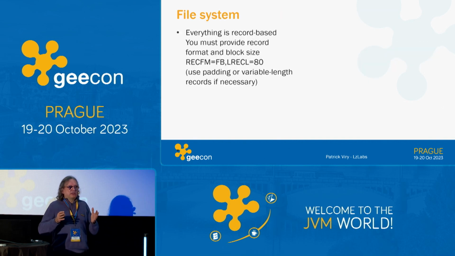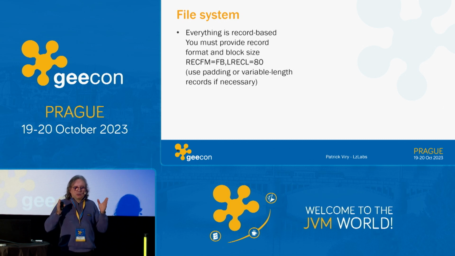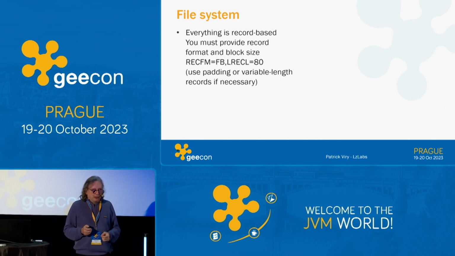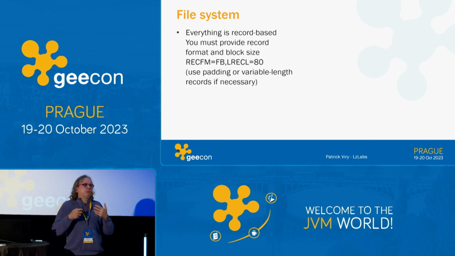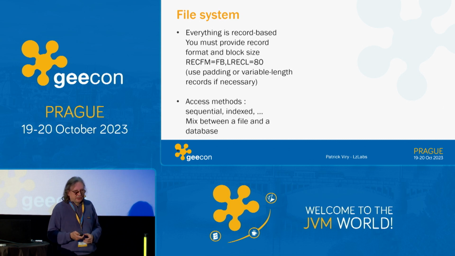So first of all, as I said, everything is record-based. So when you create a file, you have to specify the record length, the record size. And actually, most of the data that you will find in practice on the mainframe fits this model, is actually record-based. It's only in the case where you have a text file, something with a variable length, that you need some tricks to accommodate these restrictions.